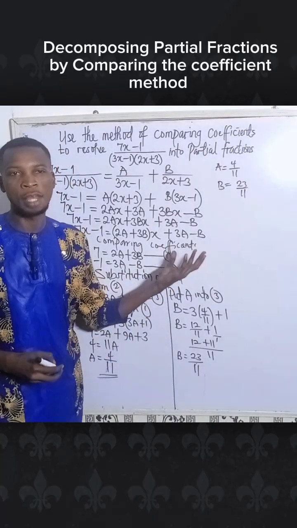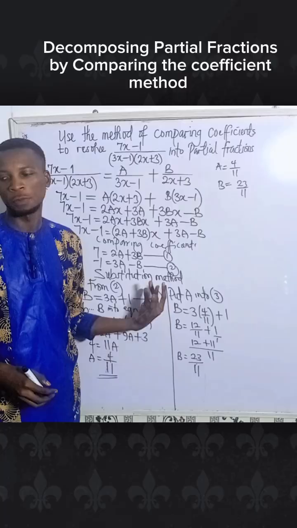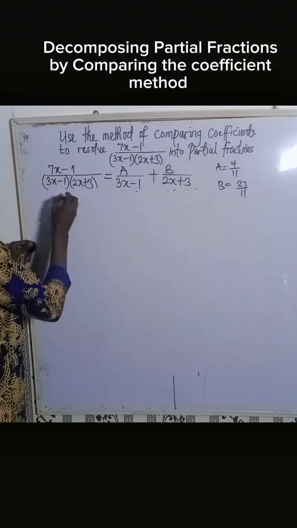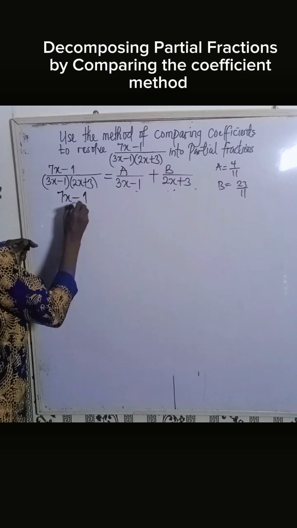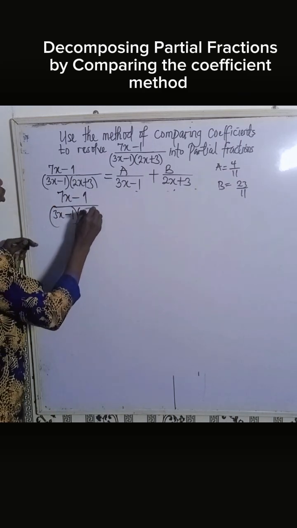Now, what is the next step? I'm going to express it as partial fraction. So you have 7x minus 1 divided by (3x minus 1)(2x plus 3).